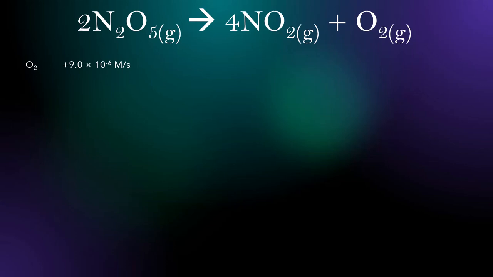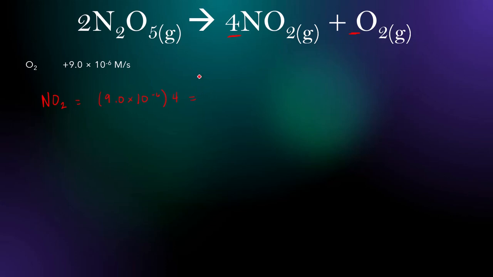Well, if we want to look at NO2 first, we look at the rate: basically we're going to go 9.0 times 10 to the negative 6, and we know that it's appearing at 4 times the rate that oxygen is appearing because of the molar ratio. So all we have to do is multiply this number by 4.